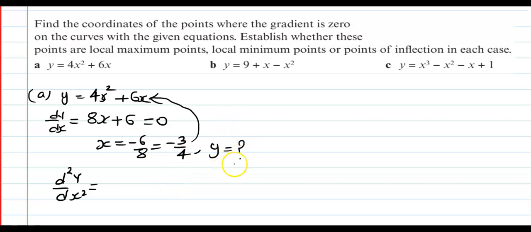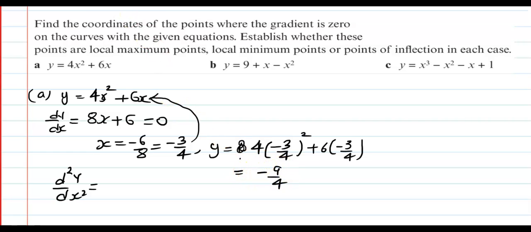If you want, we can solve it here. So y equal to 4 times minus 3 over 4 square plus 6 times minus 3 over 4. Putting this value in a calculator, it will come minus 9 over 4.